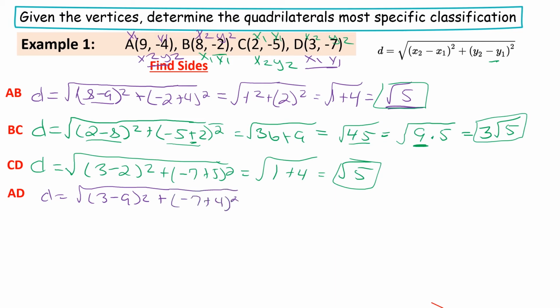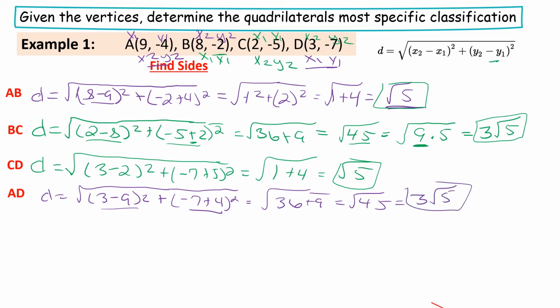As we can see, this is a long process. Simplifying that, 3 minus 9 is negative 6, and negative 6 squared is 36. Negative 7 plus 4 is negative 3, and negative 3 squared is 9. It looks like I'm going to get the square root of 45, which is 3 square root of 5.